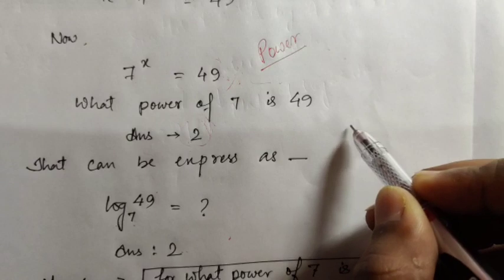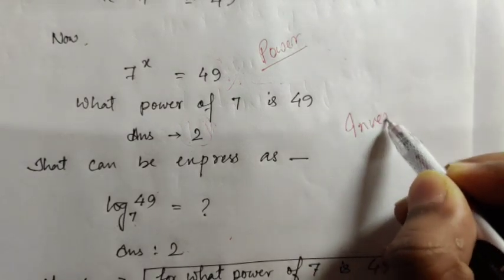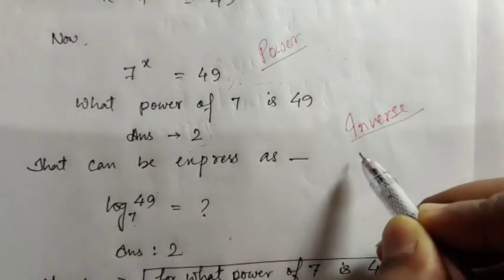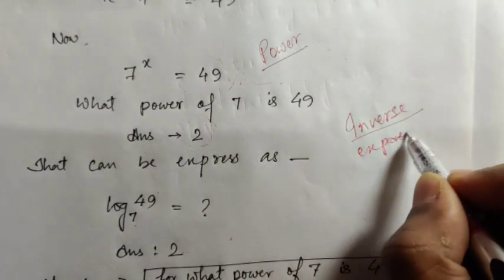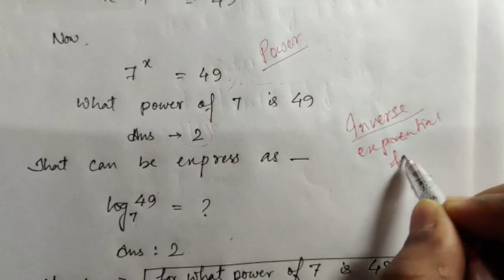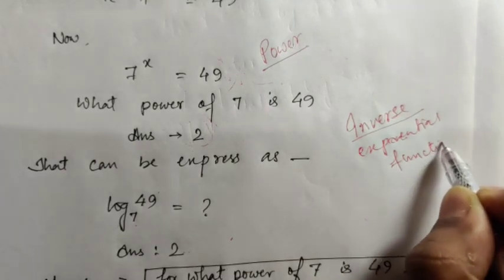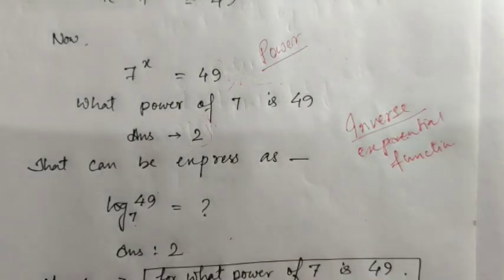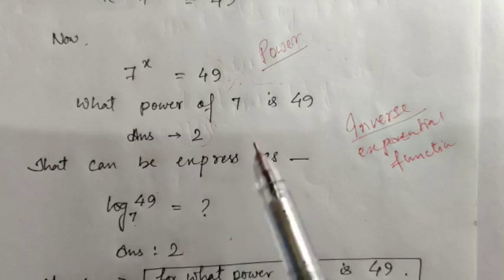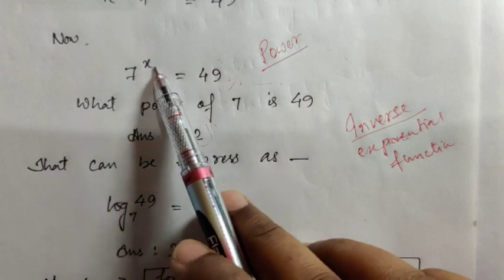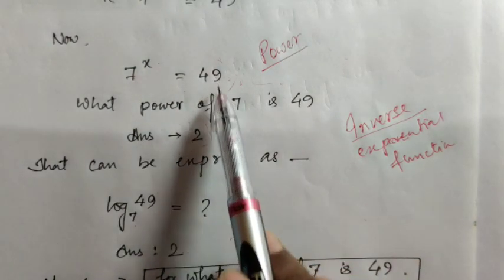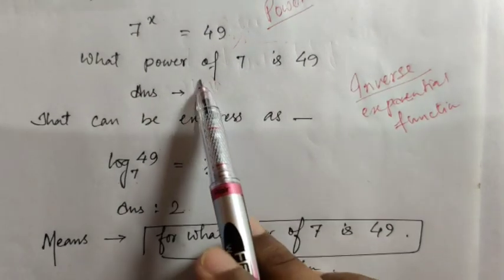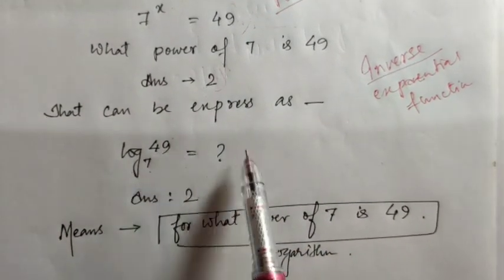So in another word, we can say logarithm is the inverse of the exponential function. So if I ask what is the power of 7, meaning 7 raised to what power gives 49, the answer is 2. Now the finding of this power 2 is called logarithm.